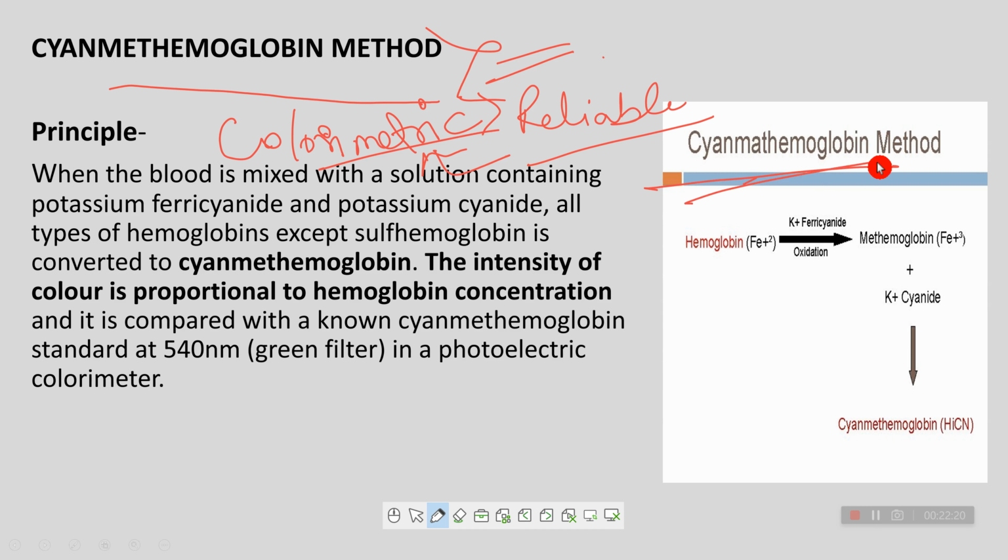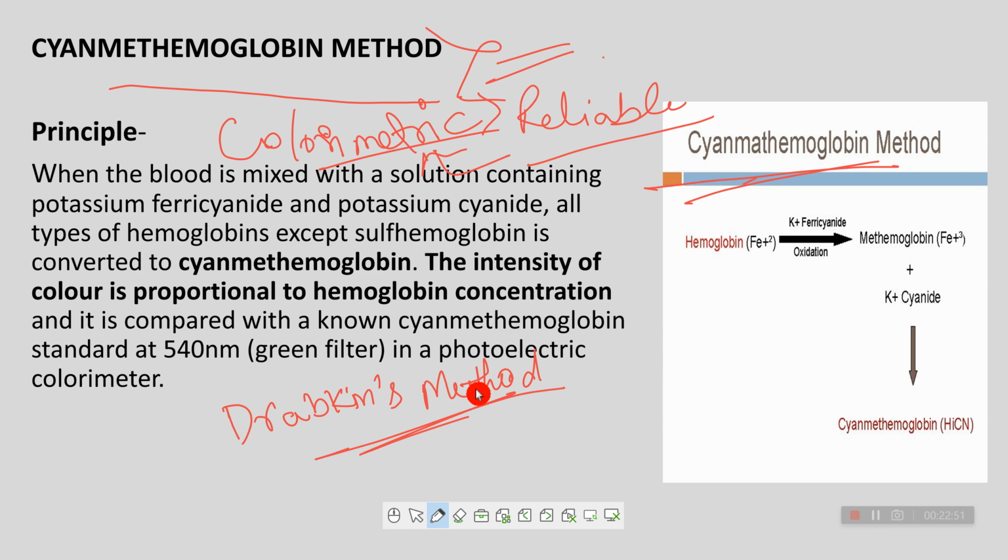Now what is the principle of this method? This method is also known as Drabkin's method. You should always know the different names, because the question may arise by a different name also, for example asking you to explain Drabkin's method. So you should always know the other names of any method.